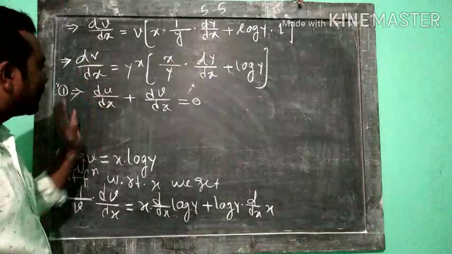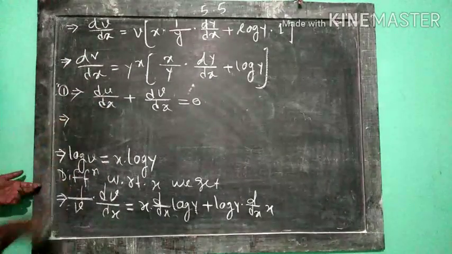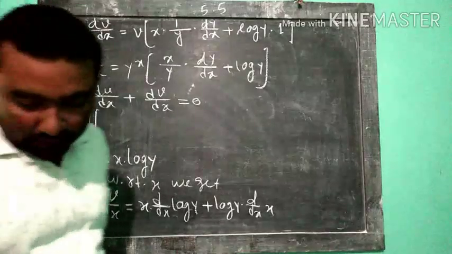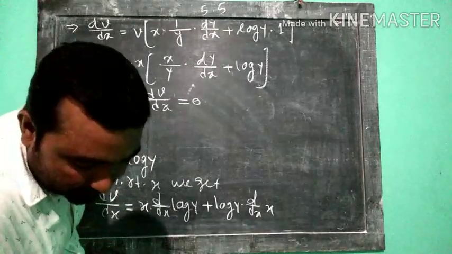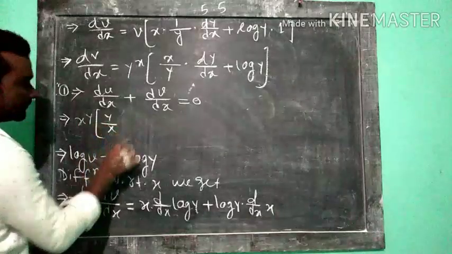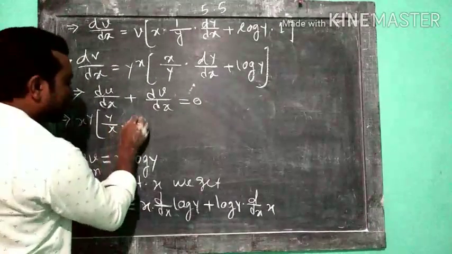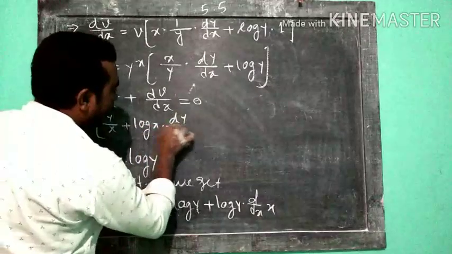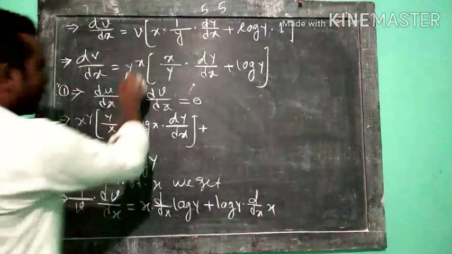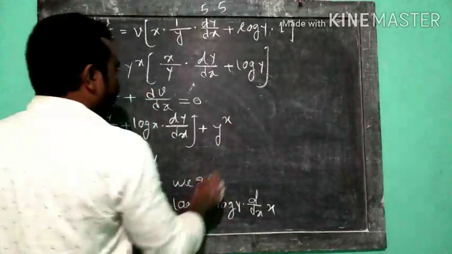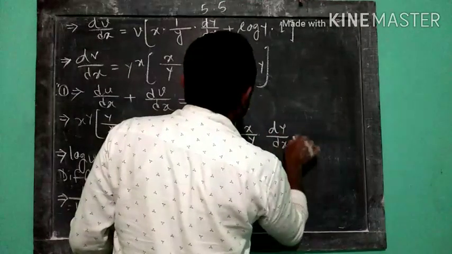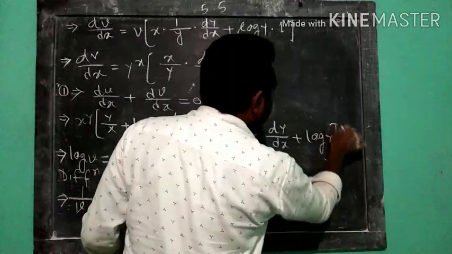So du/dx equals x to the power y into y by x plus log x into dy/dx. And dv/dx is y to the power x whole into x by y into dy/dx plus log y. This is equal to 0.